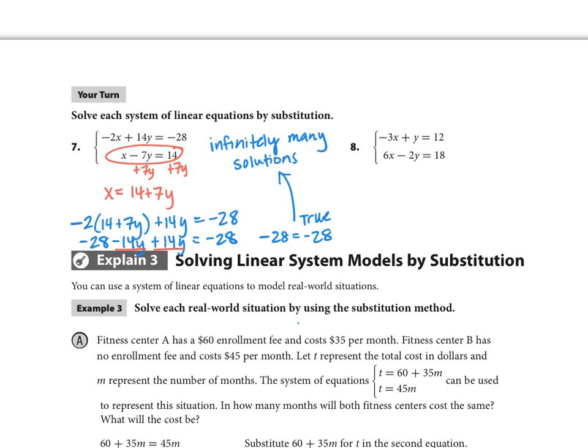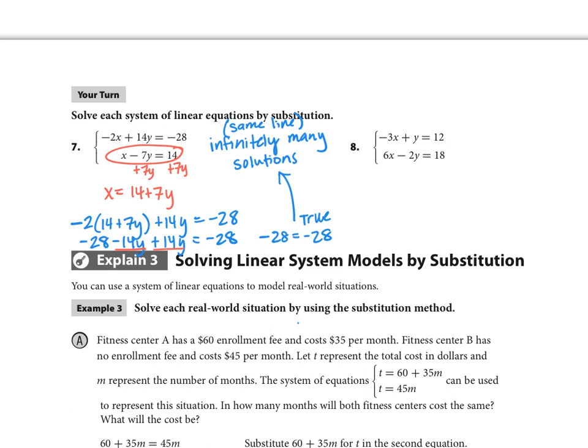So it doesn't just intersect at one point, it intersects at a bunch of points. And that really means that it is the same line. What I mean by that is if you were to graph this first line and then you graph the second one, it is exactly the same as the first one.